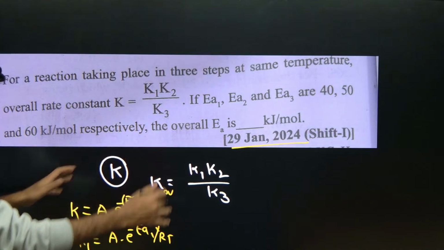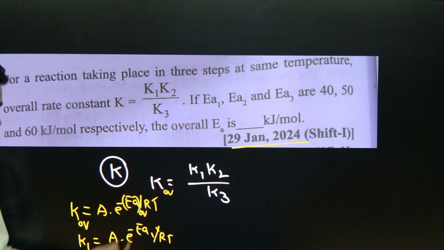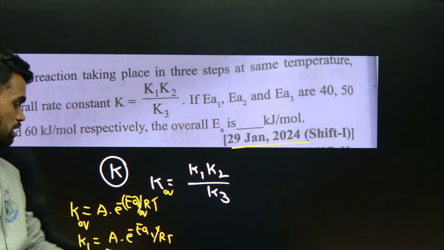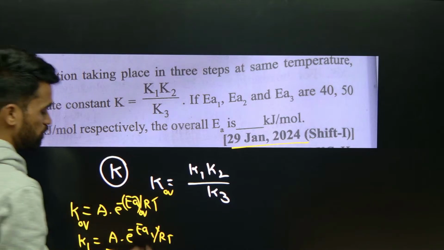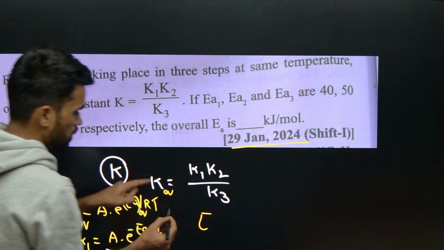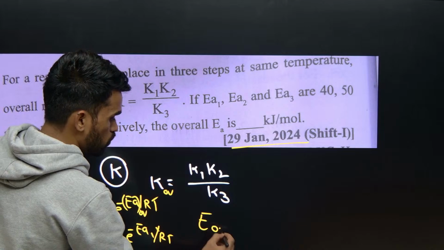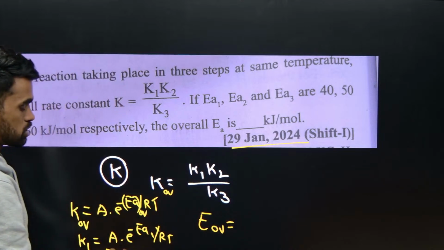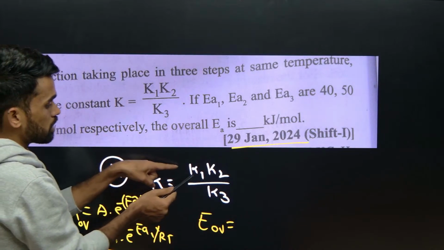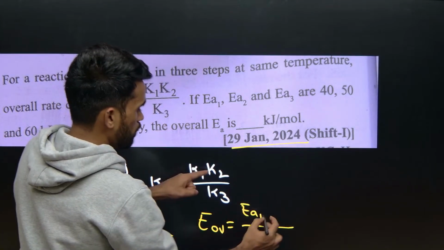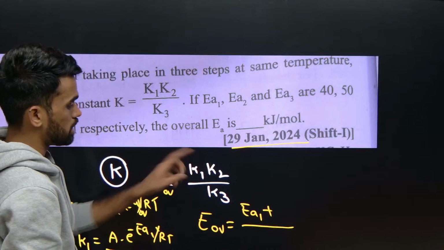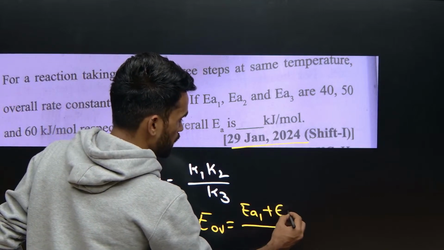Upon simplification, by keeping all these K terms in the Arrhenius equations, you will get a final equation. E overall will be equal to, wherever we have K1, write EA1, plus, since K2 is in the numerator, plus EA2.